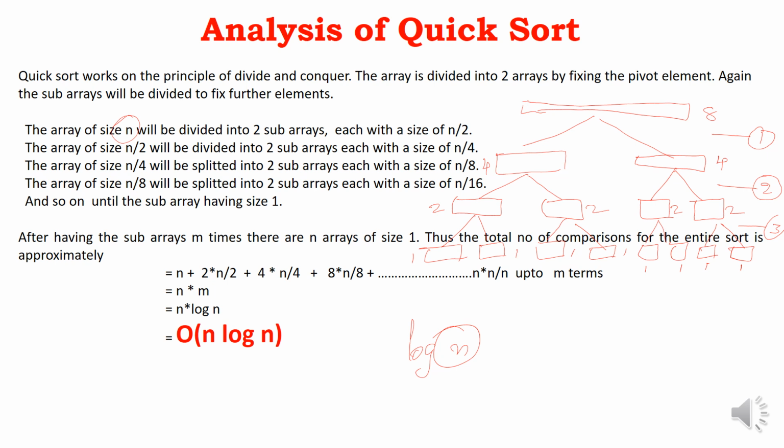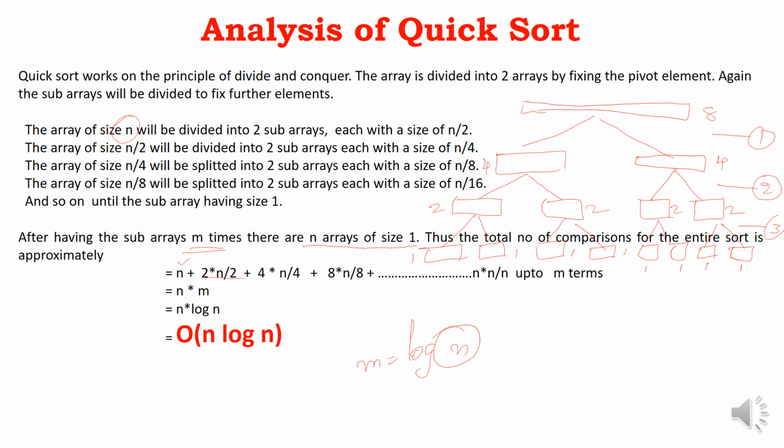Then what are the comparisons? The time complexity is directly proportional to comparisons. Here, after having the subarrays m times, so m is nothing but log n, m times, where there are n subarrays of size 1. Thus, the total number of comparisons for the entire sort is approximately equivalent to n plus 2 into n by 2.